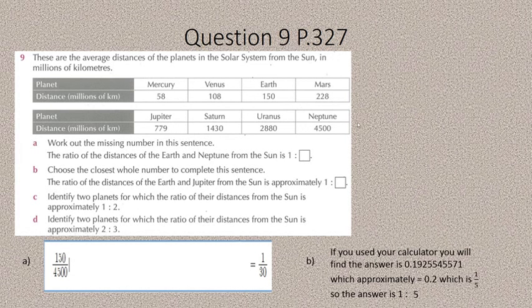So what are they? Yes, it's Saturn and Uranus. So if you look at Saturn here, it's 1430, and Uranus, it's 2880. So if you think about it again, the double of 1430 is 2860. So it's almost 2880. So the answer is Saturn and Uranus.